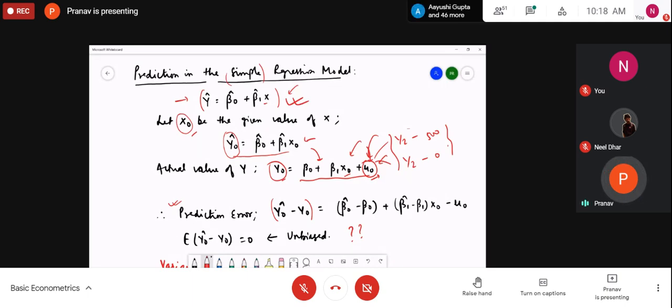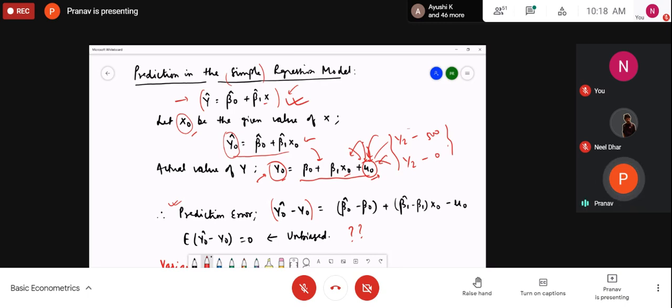So if the error is normal, you should understand from here that whatever form of distribution the error has, the same form of distribution y naught will also have for a given x, because ultimately the values of y depend on the values that the error observation takes. So if you assume a well-behaved probability distribution of the random error or these residuals for your sample, that is how your distribution of y will also look.